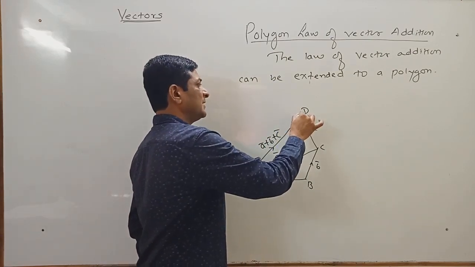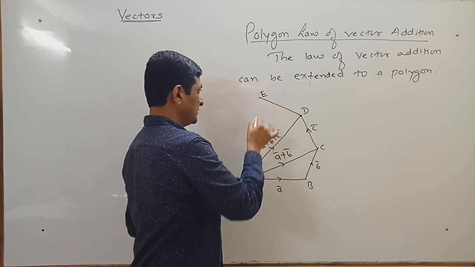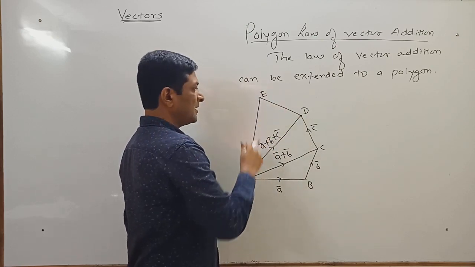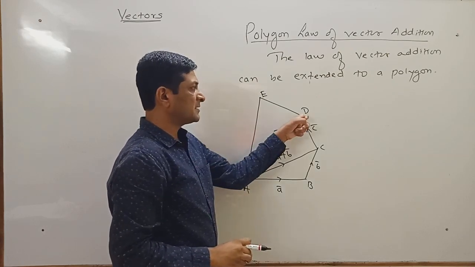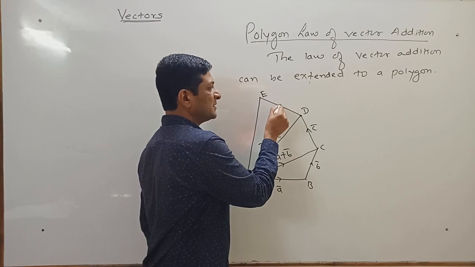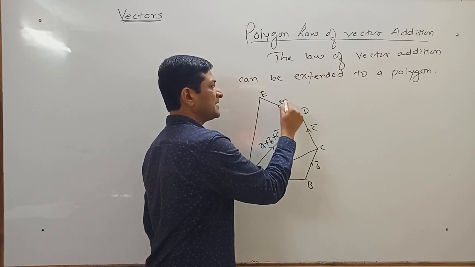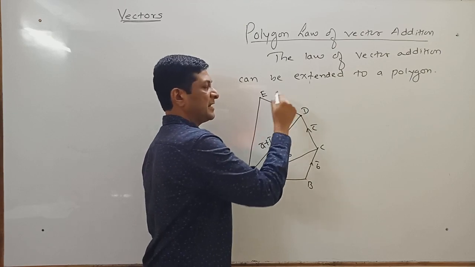Let us draw one segment DE, join AE. Now again we have got one new triangle here, ADE. In this triangle I am denoting this DE bar by vector D bar.